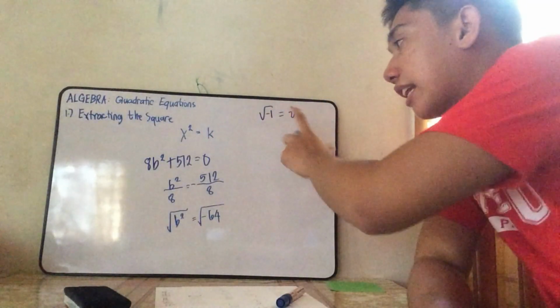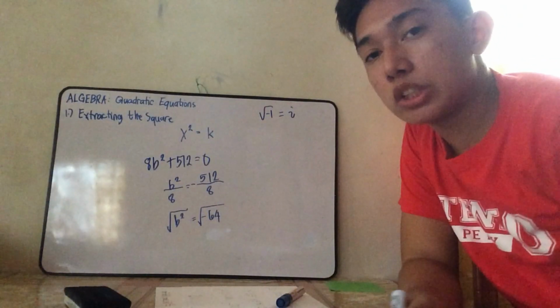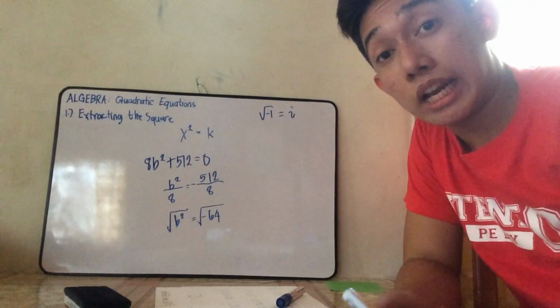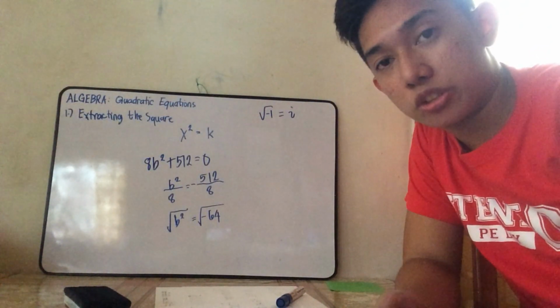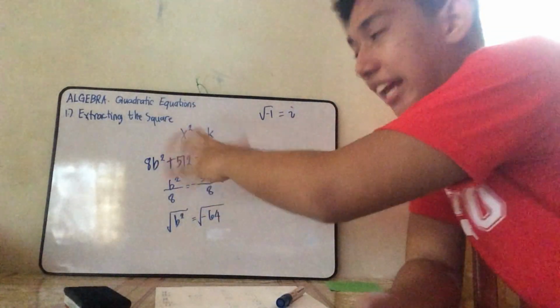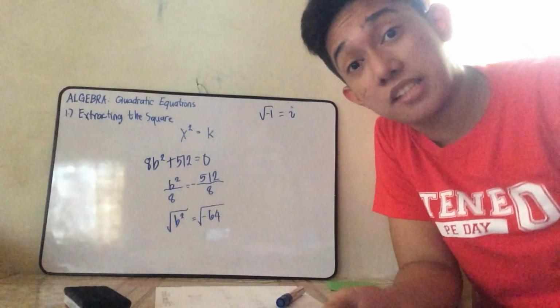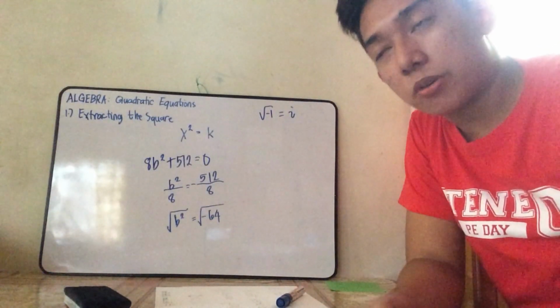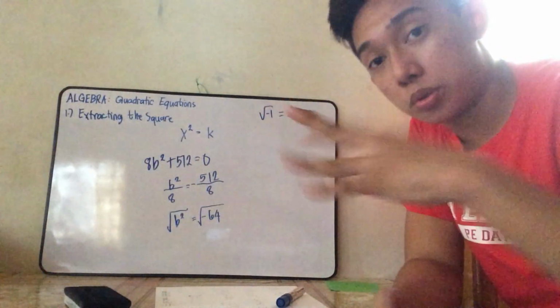So this imaginary number is an important rule in quadratic equations. You usually encounter this in complex numbers. We have not talked about complex numbers yet, but next time we will talk about this.